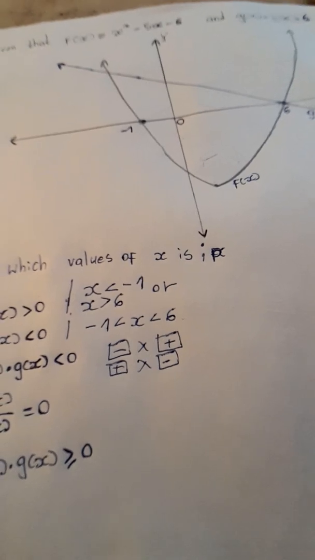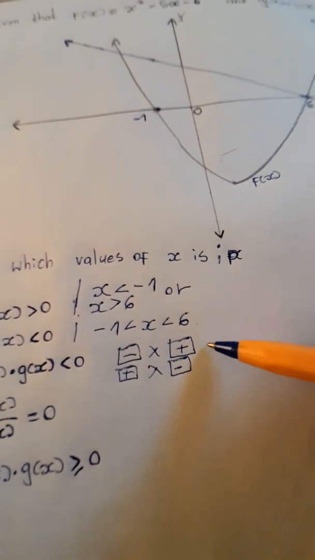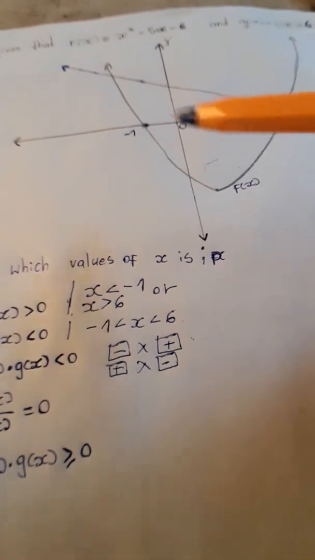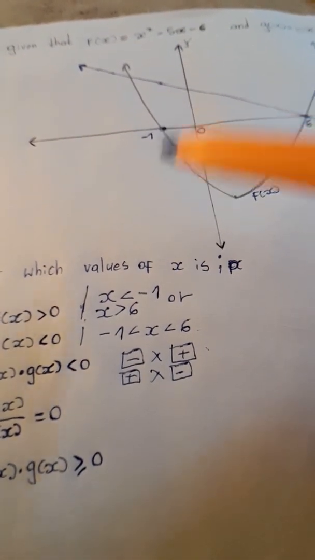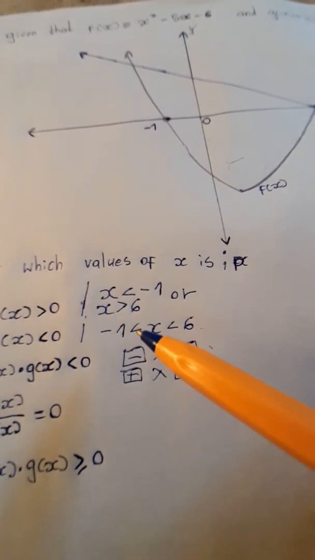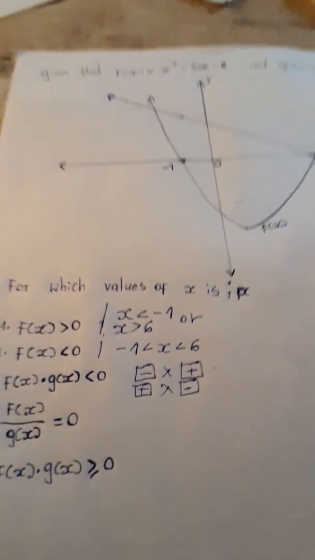Let's analyze the first condition, based on our sketch here. We want where the y values of f are negative while the y values of g are positive.